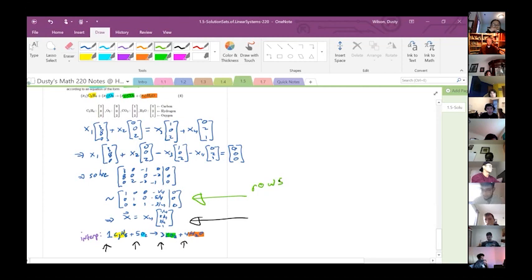Here the rows are the types of atoms: carbons, hydrogens, oxygens, right? Whereas in x, the rows represent the number of each molecule.